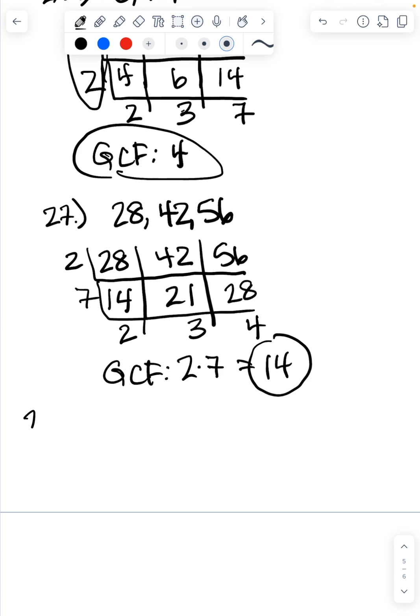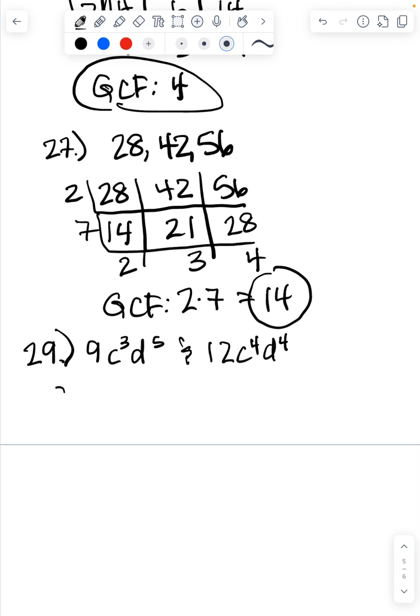29, so now we're doing the expressions. So of course in algebra we need to include some letters. Why not? That's what makes it algebra. So 9c cubed d to the 5th and 12c to the 4th d to the 4th. So let's write the prime factorization for the 9c cubed d to the 5th. That would look like 9, which is 3 times 3. Then we have 3 c's and we have 5 d's.